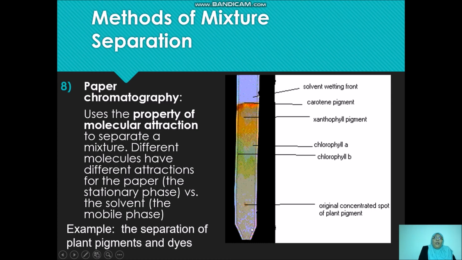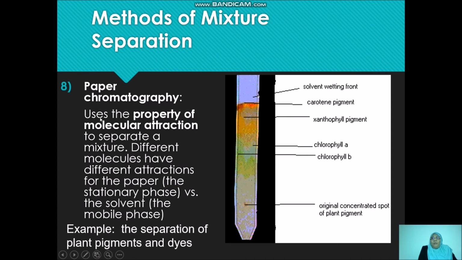The water will go up and bring the pigments along. On the way to the top, the pigment will be separated into many substances. The first is chlorophyll B, the second is chlorophyll A, and finally carotene pigments.